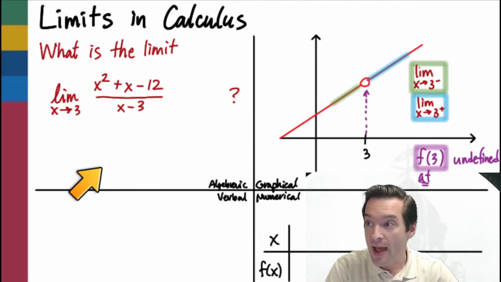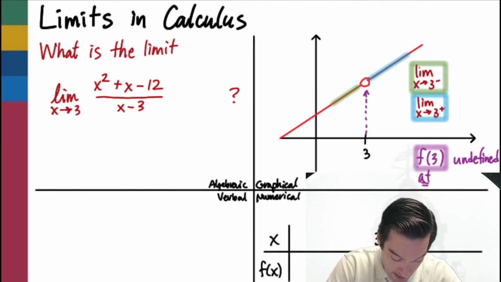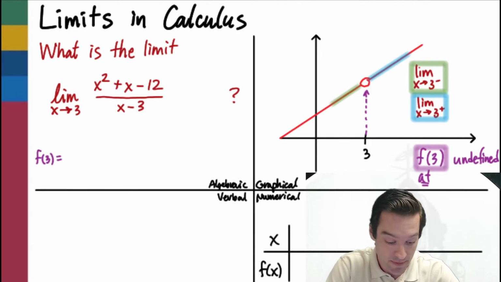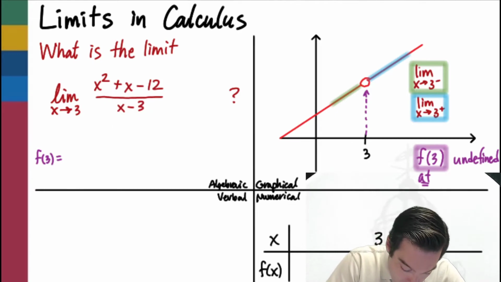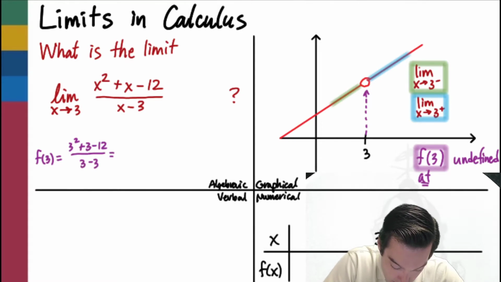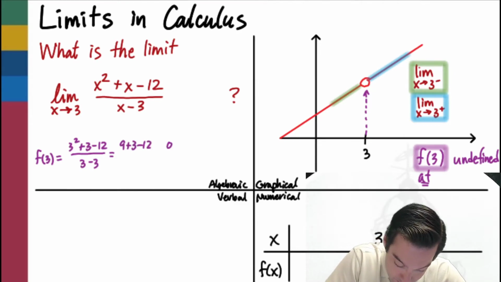We could have known that from the algebra as well. If I just tried to evaluate what is f of 3, if I plug 3 into this expression, what I'm going to get is 3 squared plus 3 minus 12 divided by 3 minus 3. 3 squared is 9. 9 plus 3 minus 12 is 0.